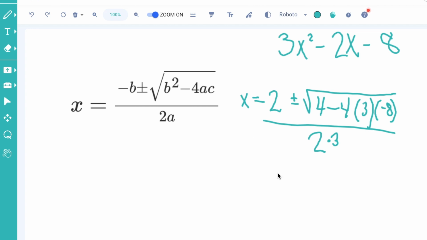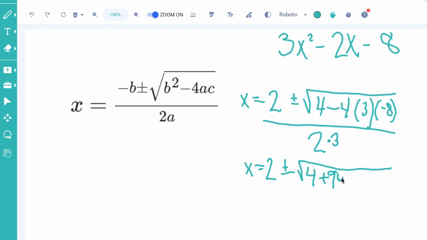All right, so let's simplify this. So we have x equals 2 plus or minus the square root of 4, and then I'm going to multiply all this together. This minus 4 is a negative 4, and a negative times this negative 8 would make it a positive. So 4 times 3 times 8 equals 96.